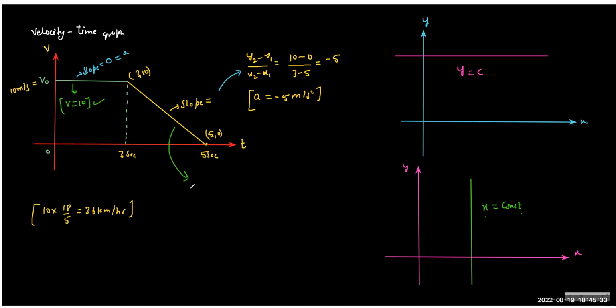Sir, V is equal to minus 5t plus 20. V equals minus 5t plus 20, right? Okay. Is it correct?